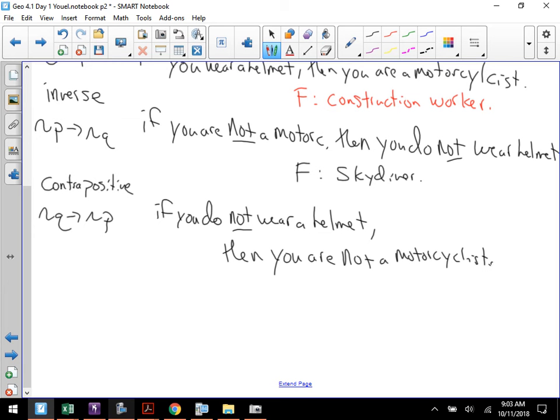Sorry, my handwriting gets bad. To think of a counterexample, I would go back to saying that there are motorcyclists that don't wear helmets. There's no helmet law in Illinois.